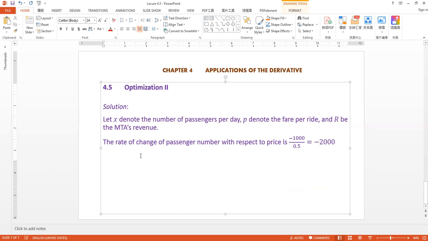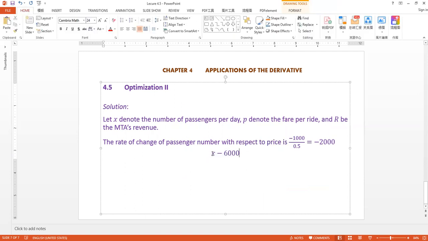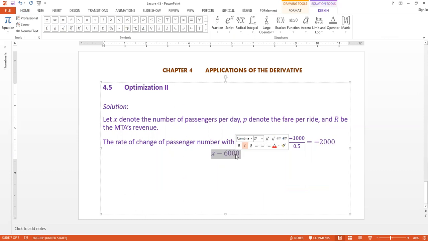So the change of the passenger number will be X minus 6,000. We don't know what X is, but we know the change of the passenger number is X minus 6,000. And because the rate of change of passenger number with respect to price is negative 2,000, we can set up an equation. Let me just do it in this way.